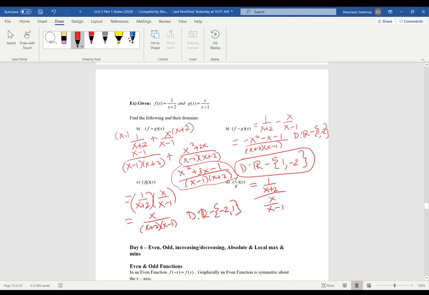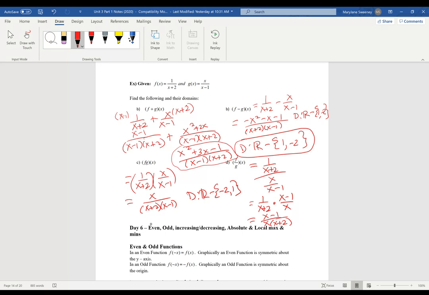Remember, with fractions, when you're dividing, you are going to multiply by the reciprocal. And so in this case, numerator is all reals, denominator can't be 0 or negative 2. So the domain is all reals except for 0 or negative 2.